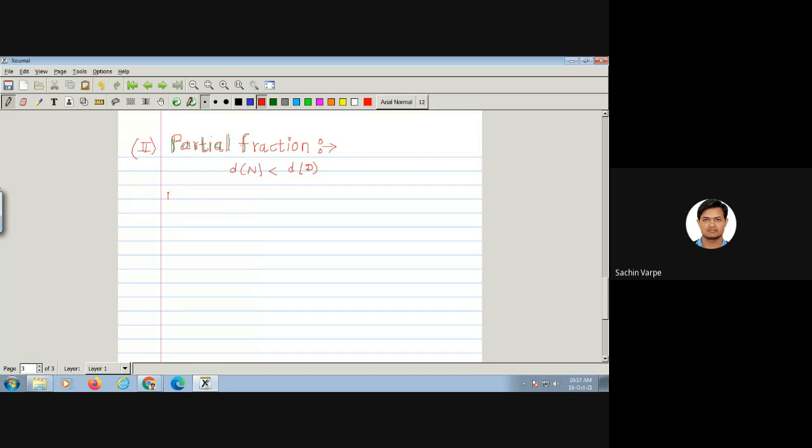So this is a note I'm writing: apply the partial fraction to F(z) upon z.